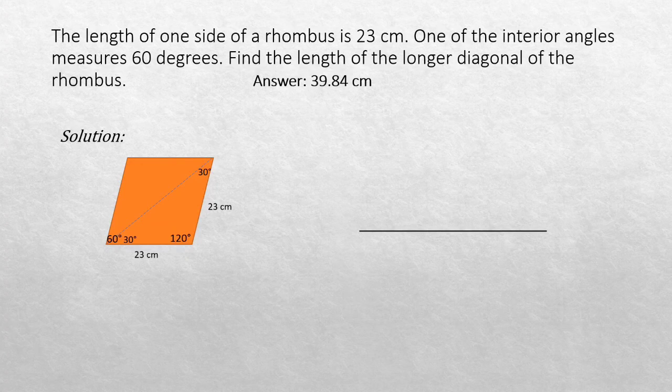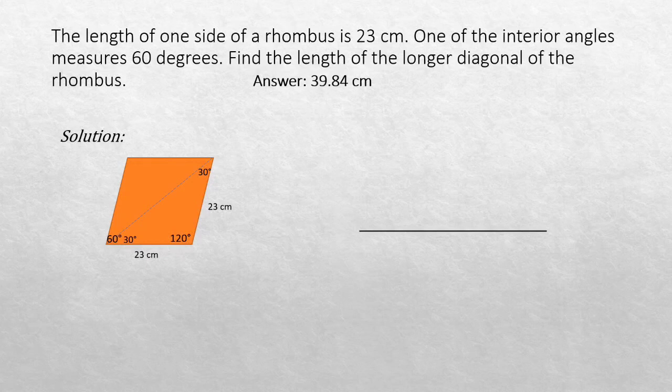So here, since we are given that one of the interior angles is 60 degrees, and by what I said earlier about the definition of a rhombus, we have another angle of 120 degrees, and one of the sides is 23 centimeters, and the equal sides are also 23 centimeters.